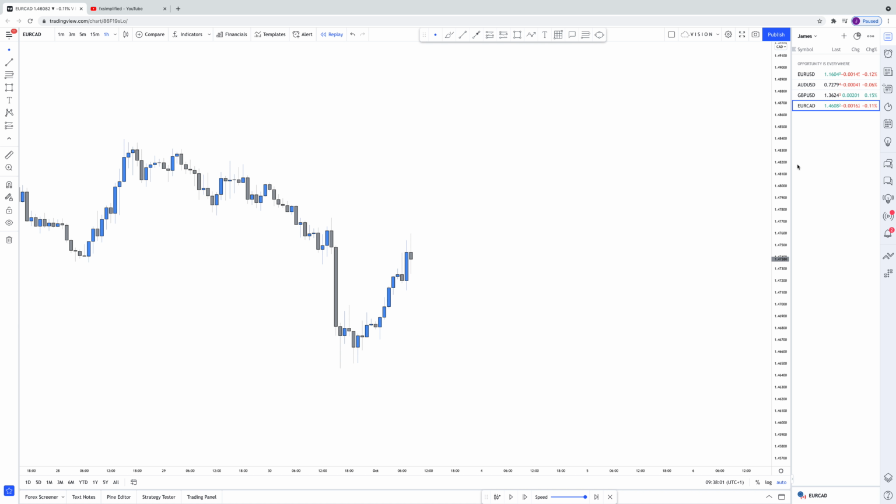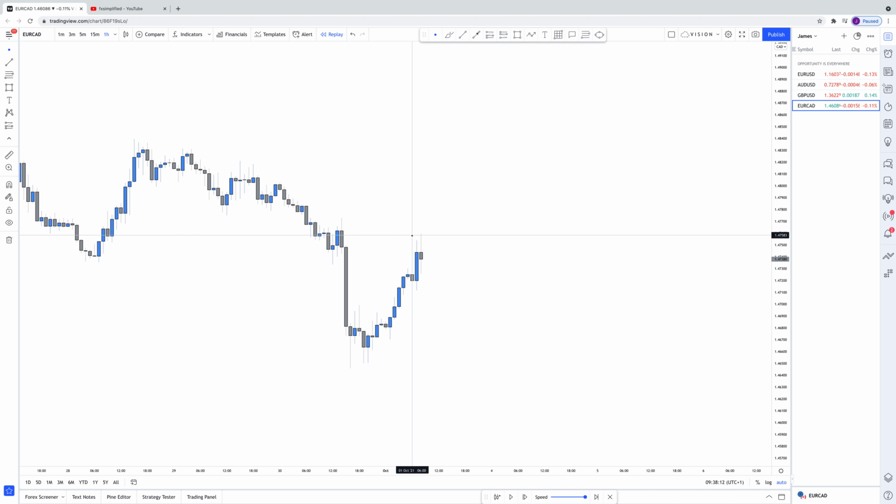Like I say, this is the hour time frame, and I'm using the bar replay tool, and I've brought price back to here. As we can see, we've had price putting in these lower prices. We broke structure from here, and we actually wicked it with this candle.